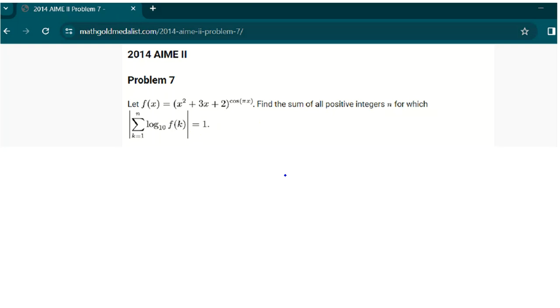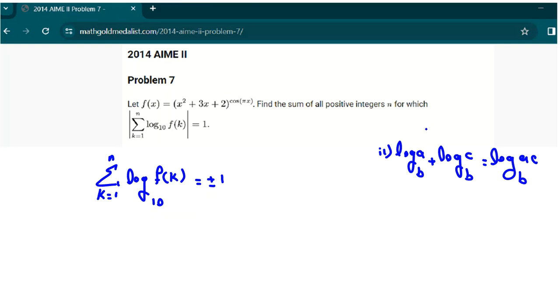So when the absolute value of something is 1, the thing inside is plus or minus 1. So we can say sigma k from 1 to n of log f of k to the base 10 is plus minus 1. Now we have one rule: log a to the base b plus log c to the base b is log ac to the base b.